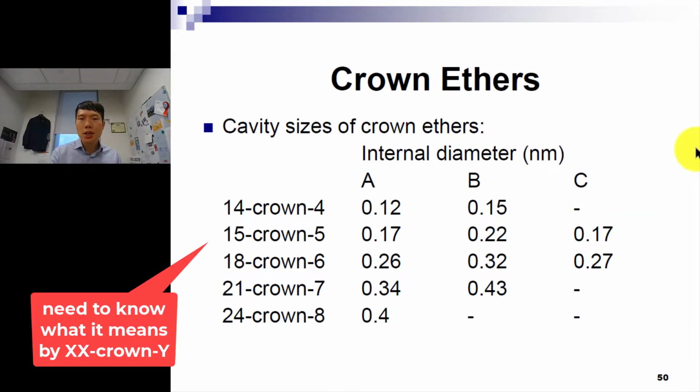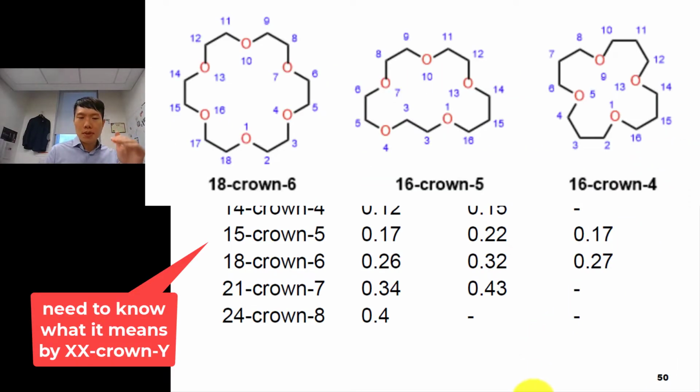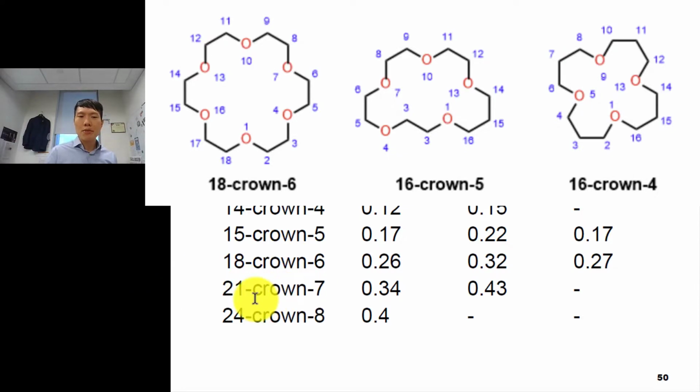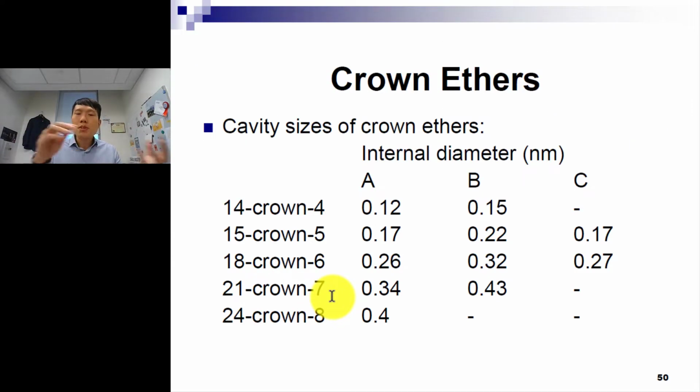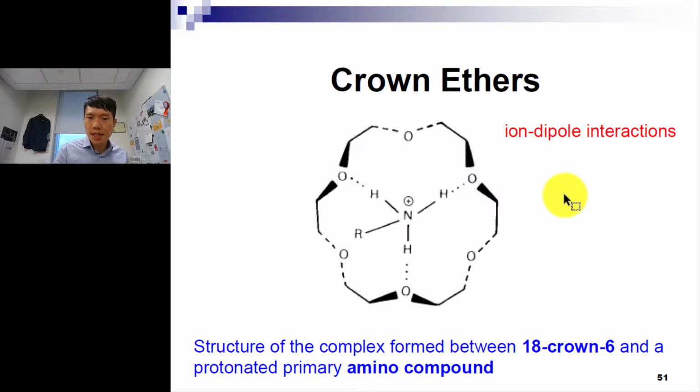Typically, you have this kind of system of crown ethers: 14-crown-4, 15-crown-5, 18-crown-6, 21-crown-7, 24-crown-8. And these numbers are not random. When you draw it out, you can see that it's very symmetrical. In this case you see 18-crown-6.